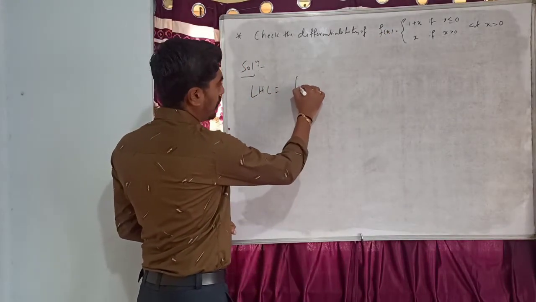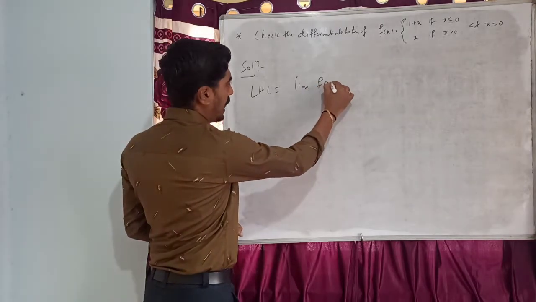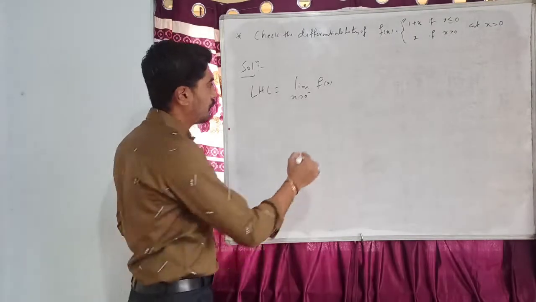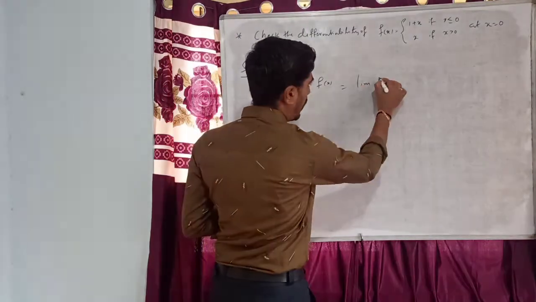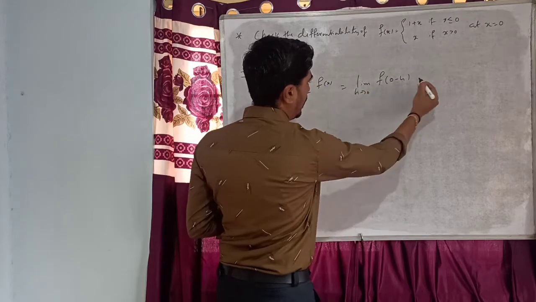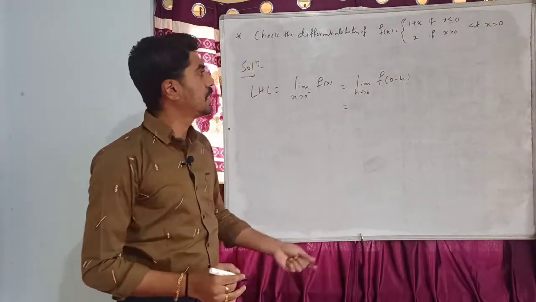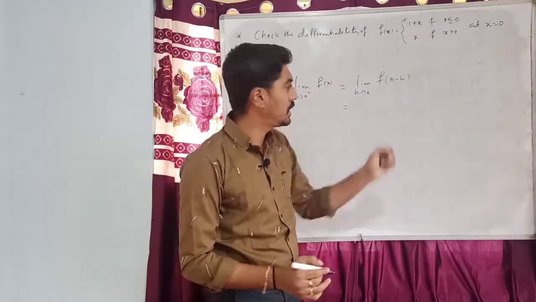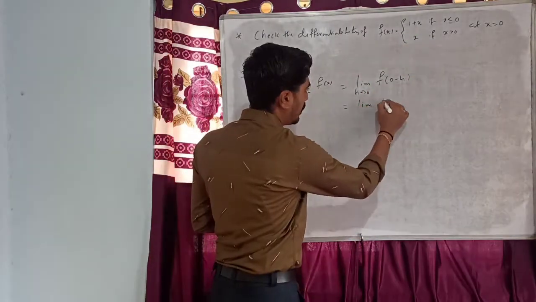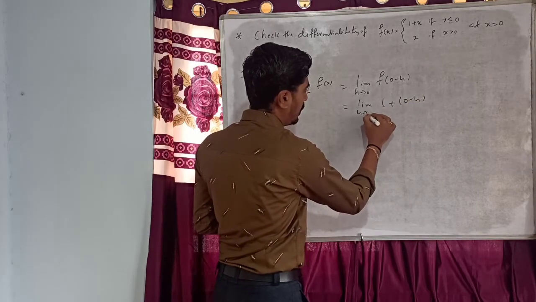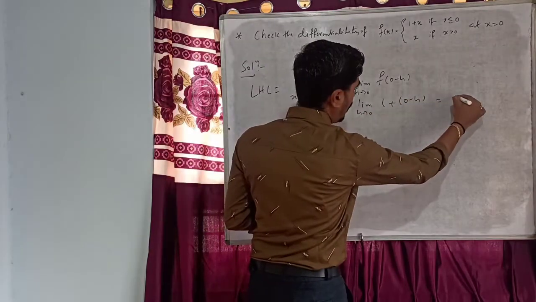LHL is equal to the limit of f of x as x tends to 0 minus. This will be equal to the limit of f of 0 minus h as h tends to 0. By the definition, f of 0 minus h will be equal to 1 plus 0 minus h. This is equal to the limit of 1 plus 0 minus h as h tends to 0. This will be equal to 1.